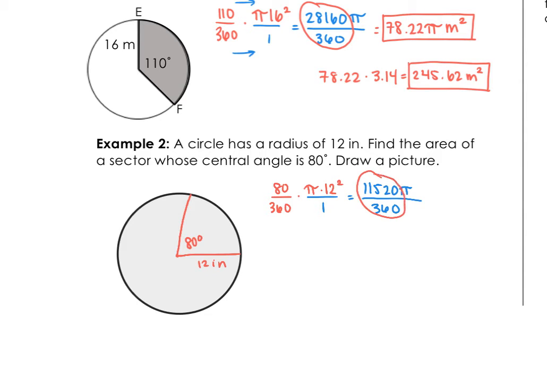Then we simplify this. Divide by 360, you get exactly 32. So 32 pi, my units are inches, and it's squared because it's area. To find my approximate, I do 32 times 3.14, which is about 100.48 inches squared.